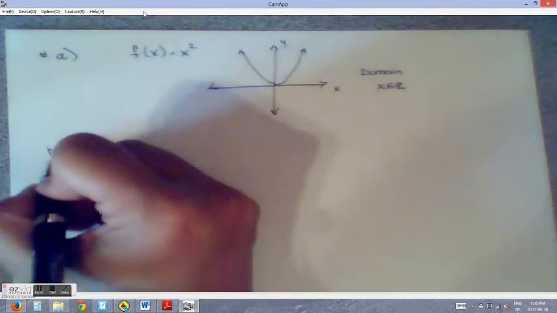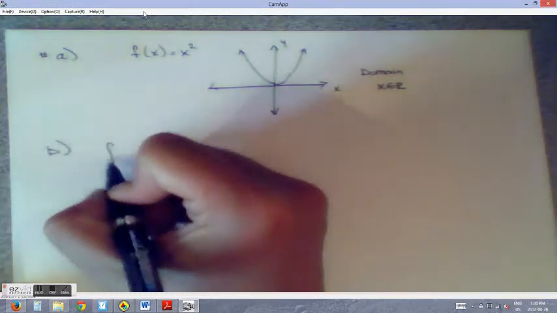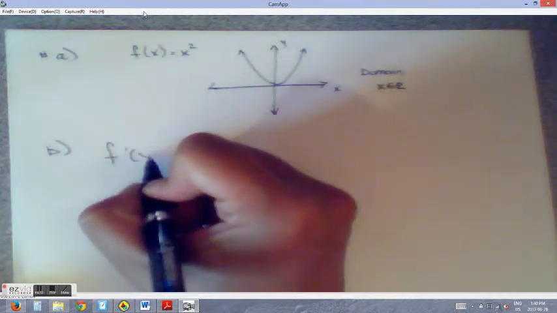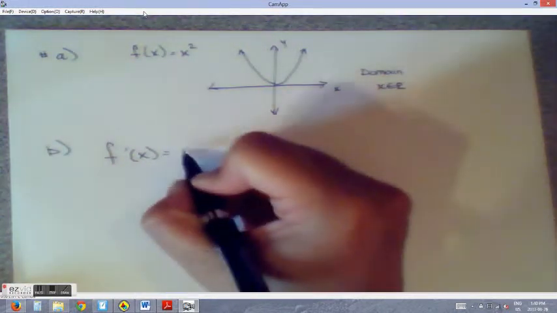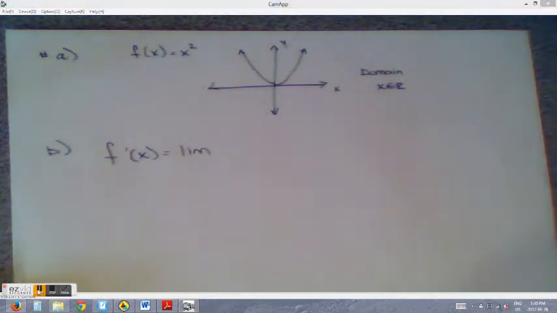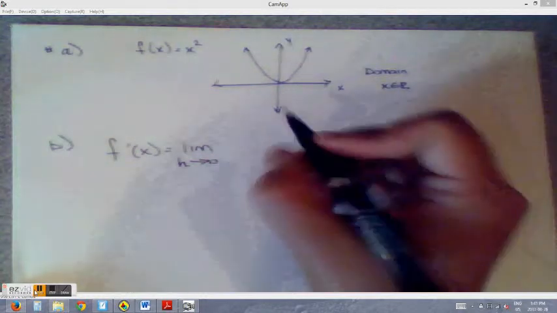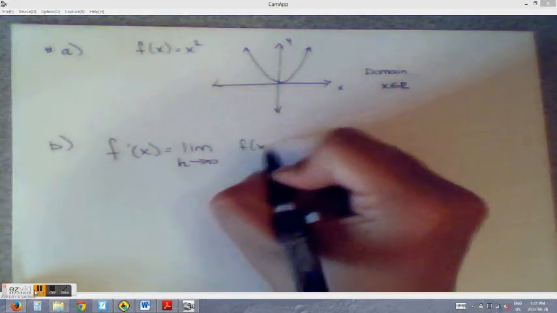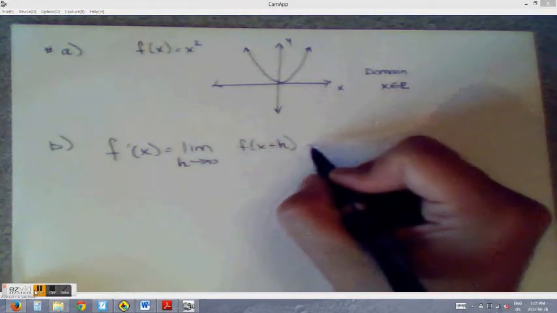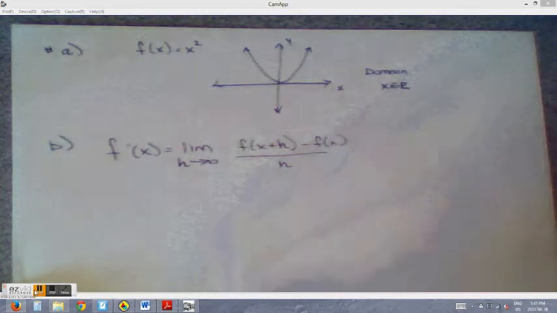For part B, we want to use the first principles definition to determine the derivative of our function. So let's first write down our definition. f prime of x is equal to the limit as h approaches 0 of f(x + h) minus f(x), all over h.